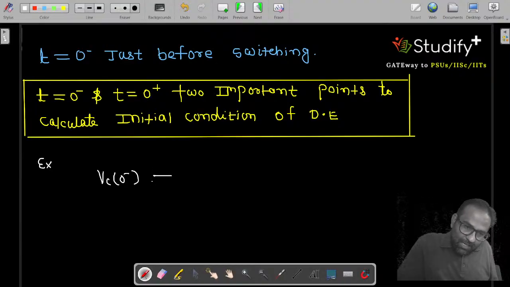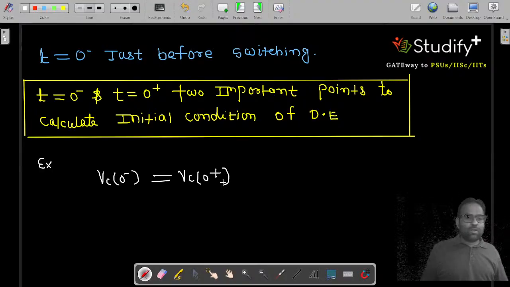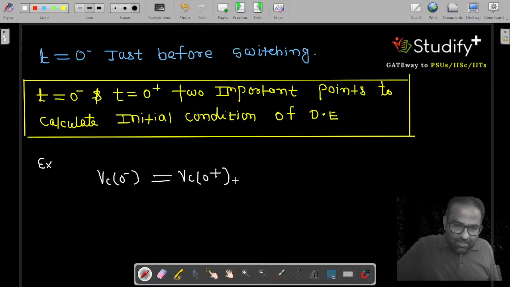I will copy it to Vc at 0 plus, because we know that the voltage across a capacitor cannot change abruptly.